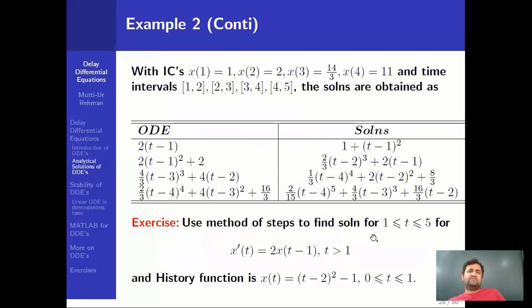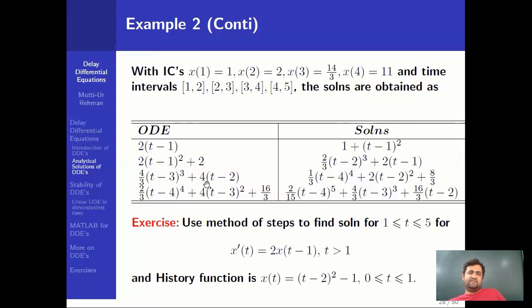We will not see the point-wise detail, but over each and every interval, we can have a history function, and then we will obtain an ordinary differential equation, reducing a delay differential equation into an ordinary differential equation, and then eventually we will have its solution.